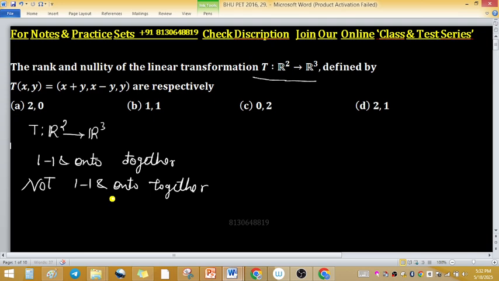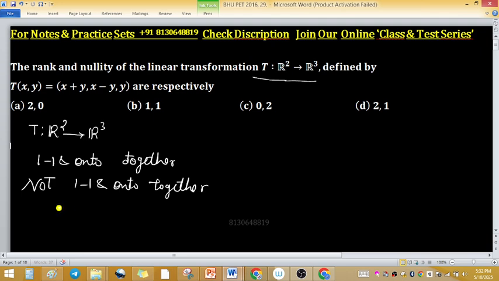To find rank, you can have many techniques. Write a matrix representation of this linear transformation, or you can find it with the null space.